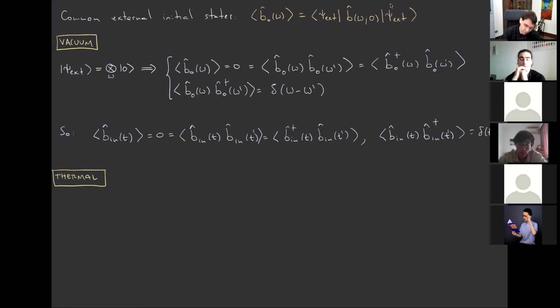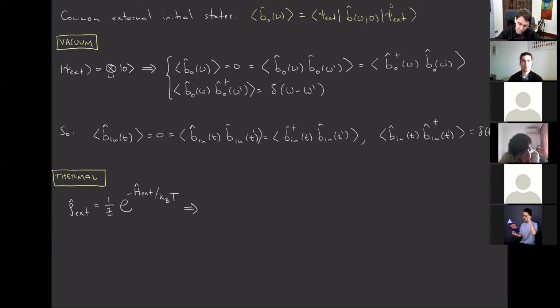So this means that the external state is now a mixed state that is equal to some normalization factor, that we were calling the partition function, if you remember when we studied thermal states, and then we have the exponential of minus the Hamiltonian outside divided by kT, okay? We have studied already these thermal states and so on. We studied it in this chapter 2.